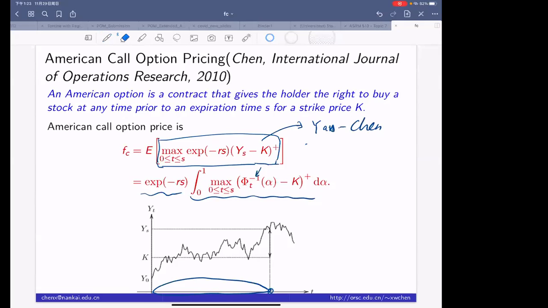Before that time, we needed to calculate the distribution of this maximum and find the expected value using the uncertainty distribution. That is another story. But now we have the very powerful formula, and we can just insert the alpha path into the pricing formula to get the solution.